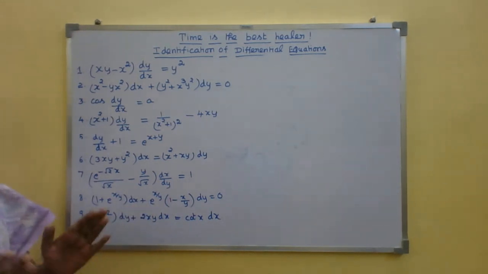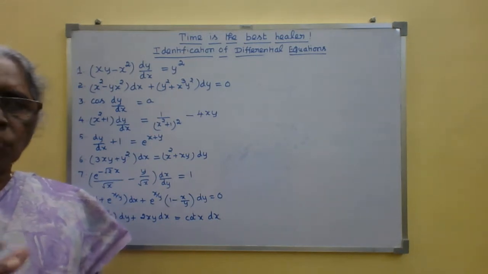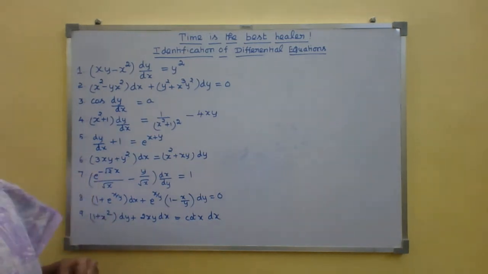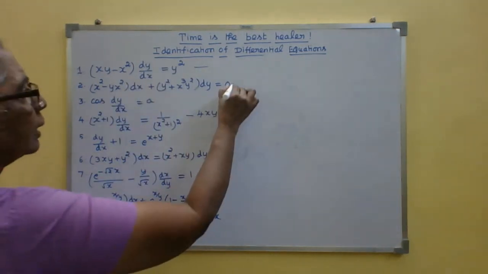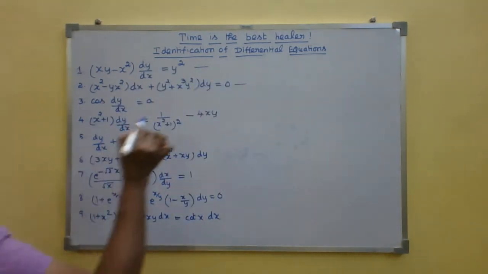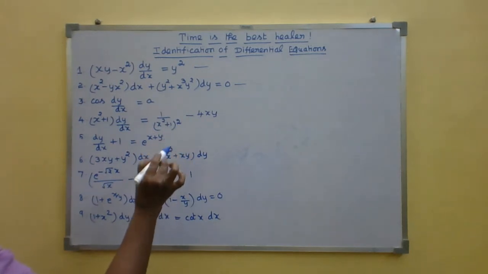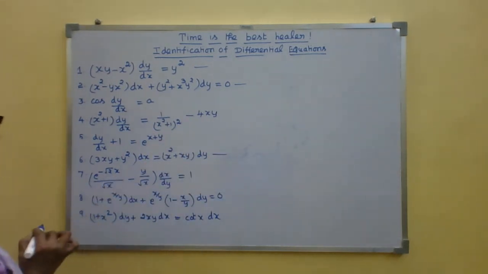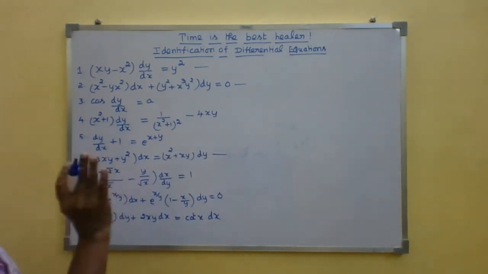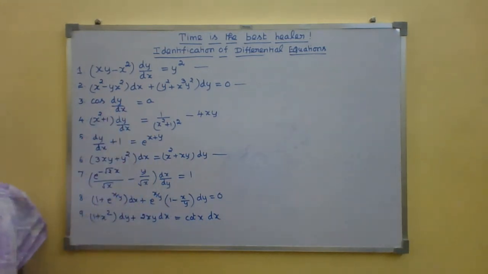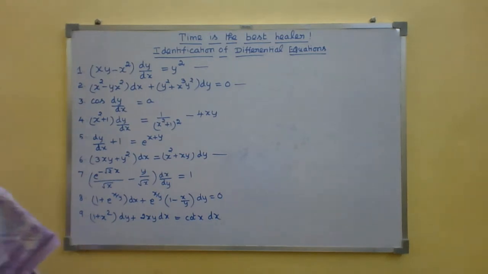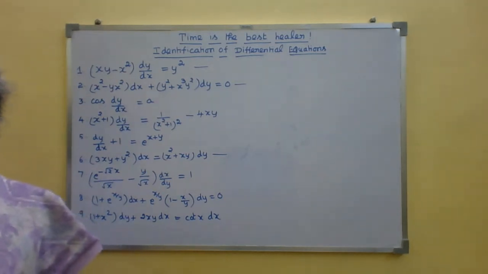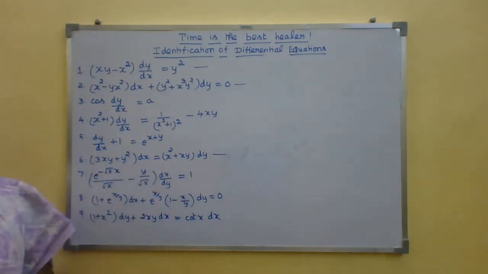Now, first let us take the sums in which there are only algebraic expressions. You can take sum number 1, sum number 2, then here there is some constant, so we can take sum number 6, and then that's all. Only these 3 sums contain only algebraic expressions, no constants and no trigonometric or logarithmic functions.